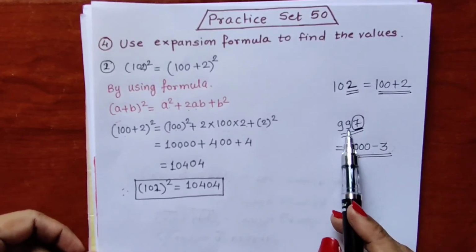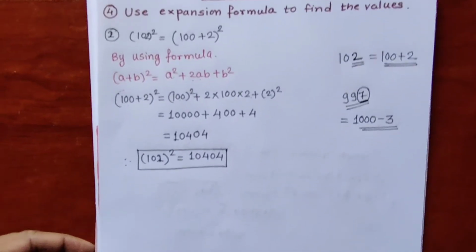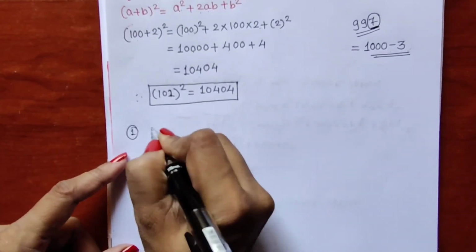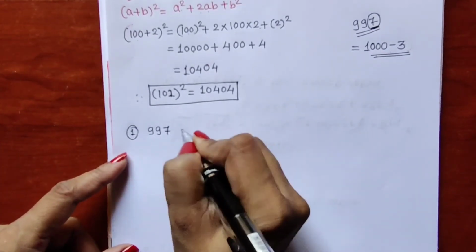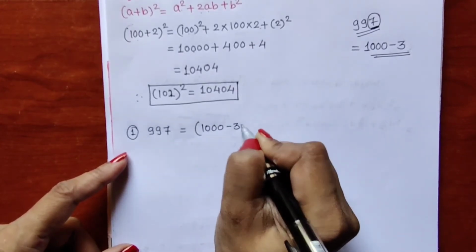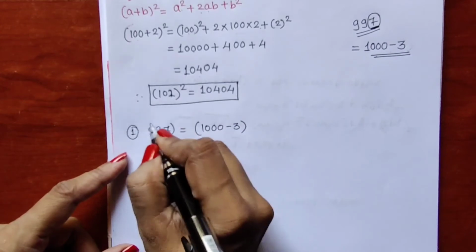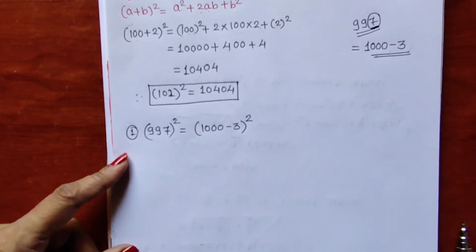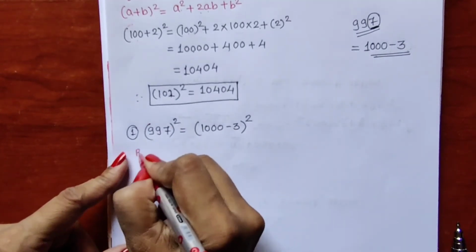So let us solve this 997 now. 997 can be converted as 1000 minus 3. So 997 square is (1000 minus 3) whole square. Now by using the formula we can write here.